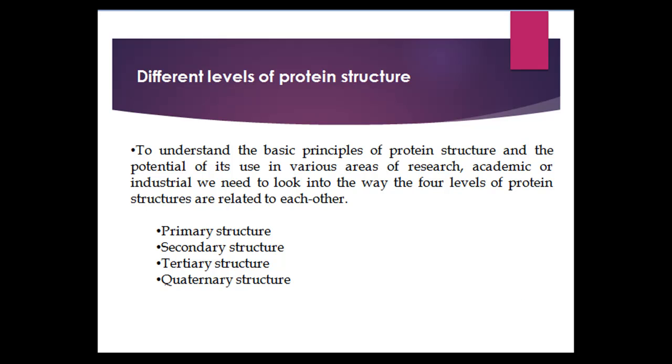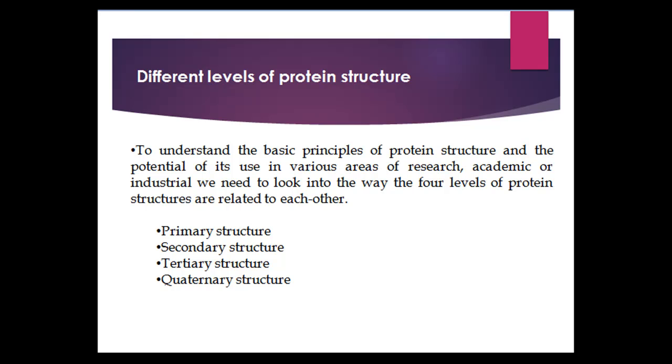To understand the basic principles of protein structure and the potential of its use in various areas of research, academic or industrial, we need to look into the 4 levels of protein structure that are related to each other.